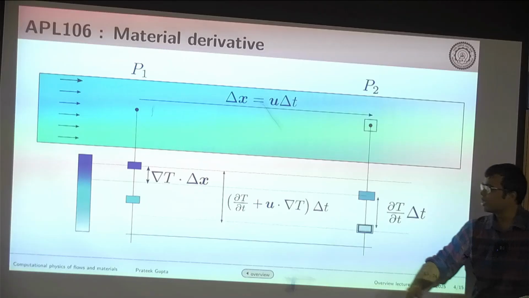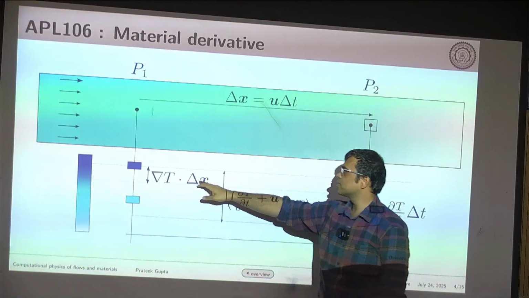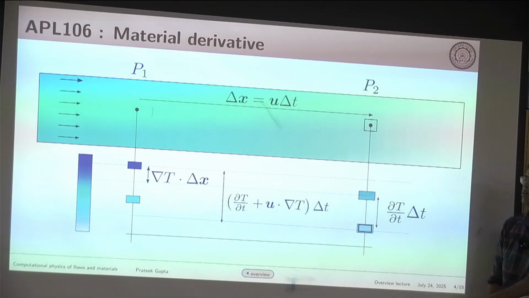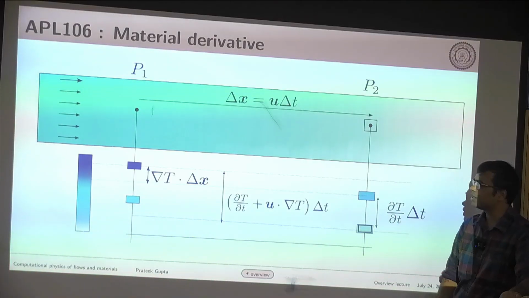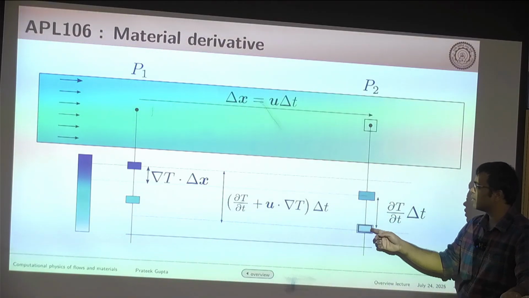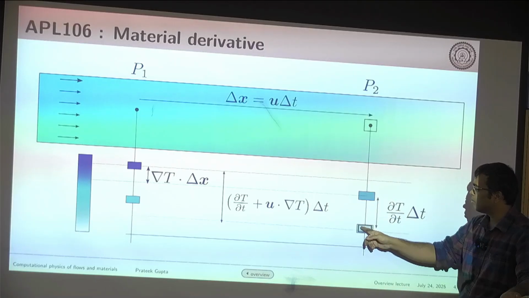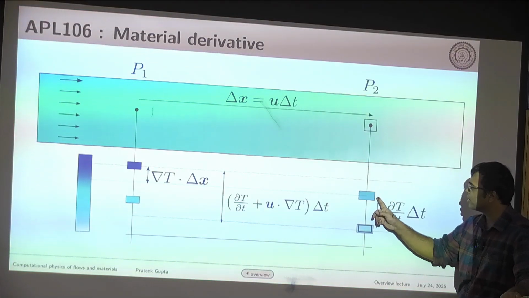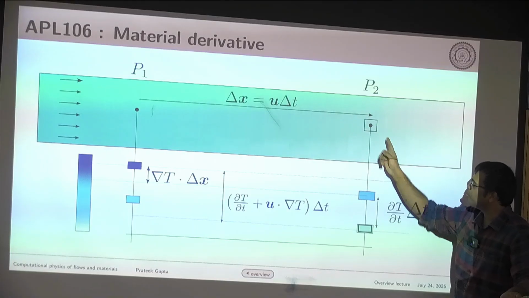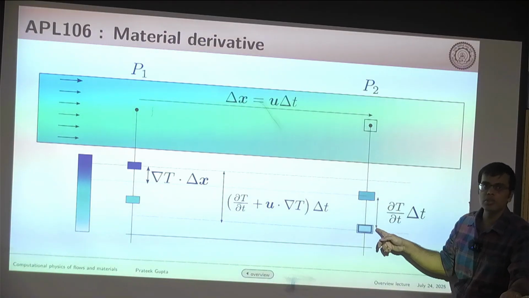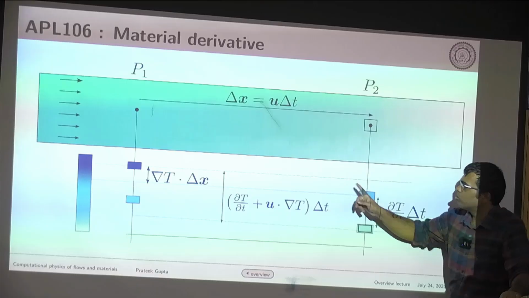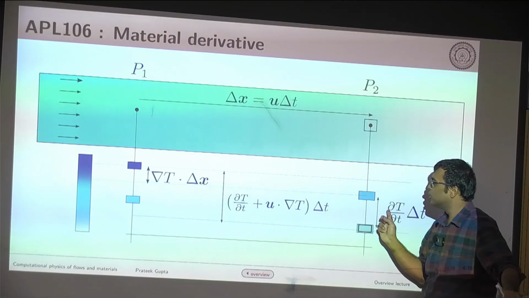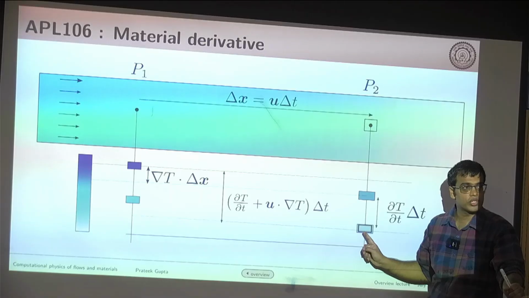Okay. So, grad T dot delta x is the difference between the concentration between P1 and P2 at some initial time, but the particle is here. So, whatever particle is here is here because at P2 the concentration has reduced due to radioactive decay or whatever also. So, the two quantities contribute to the change in concentration of this fluid particle.